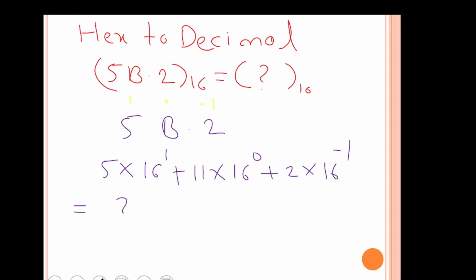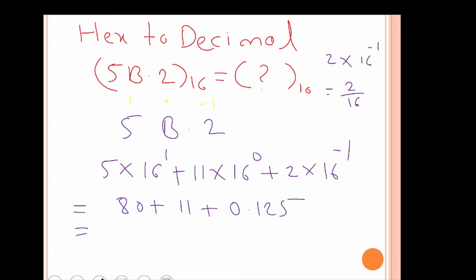This is 80 plus 11 plus 2 into 16 raised to minus 1, which is actually 2 divided by 16, and 2 divided by 16 comes out to be 0.125.